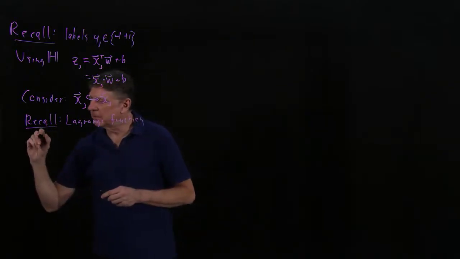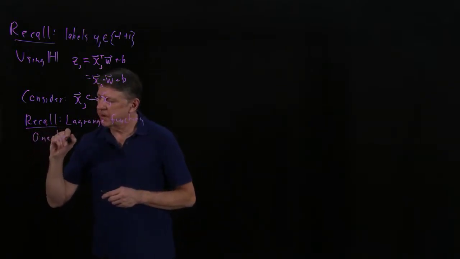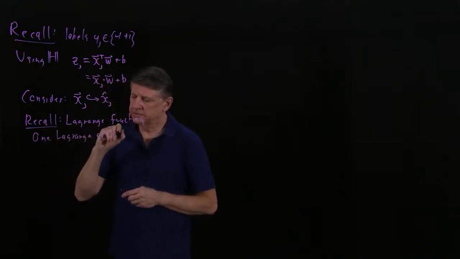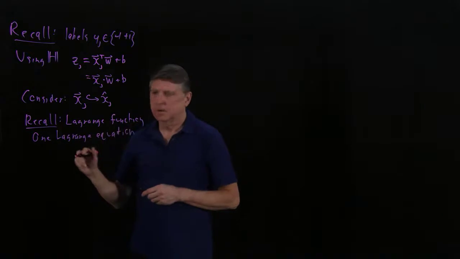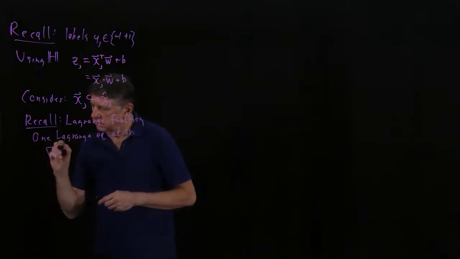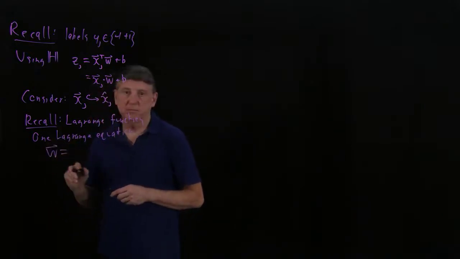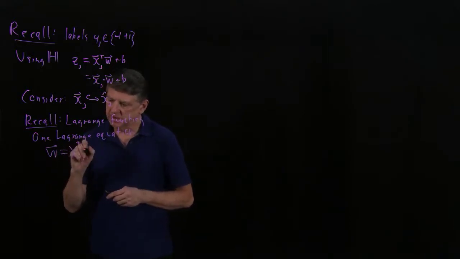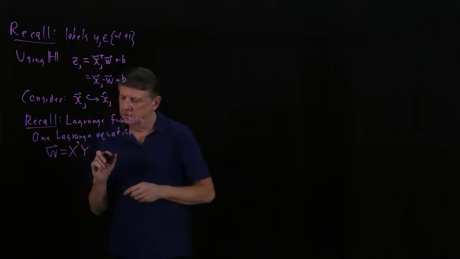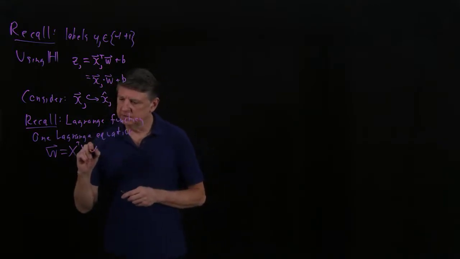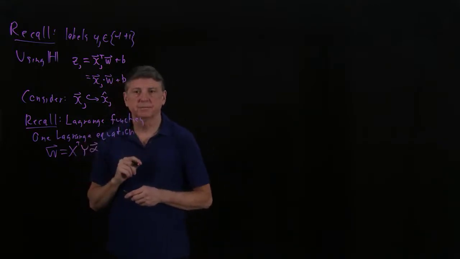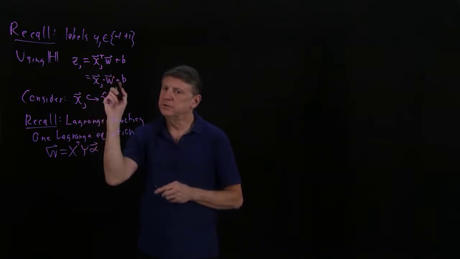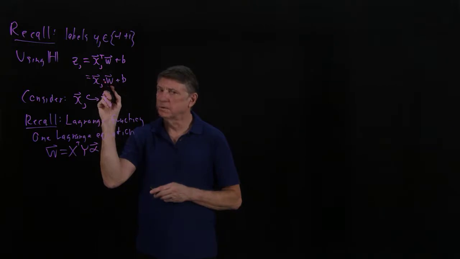One Lagrange equation was that the weight vector could be represented as the transpose of the data vector times the label matrix times the Lagrange multipliers. And let's consider how we could use that to score our data.